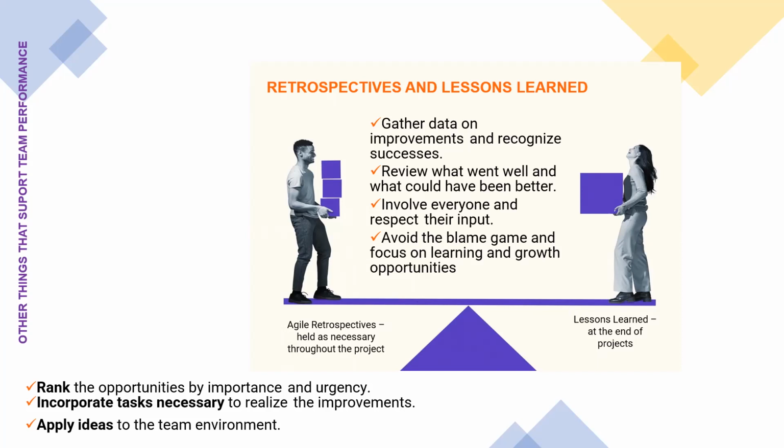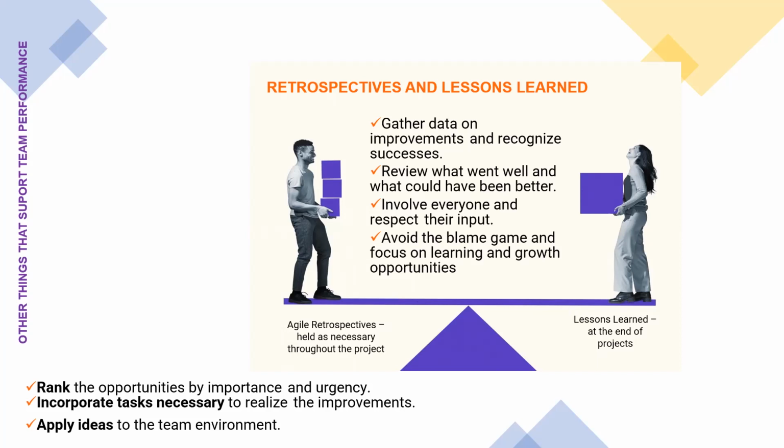And then in predictive, it's one lump sum because it builds the whole project first before they get into what? Lessons learned. They now publish one single lessons learned. Whichever way you go, what we're talking about right now is what? Supporting team performance.